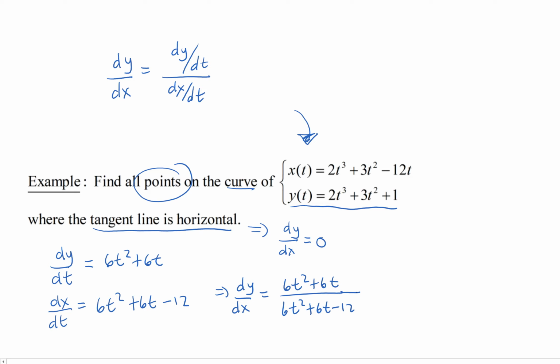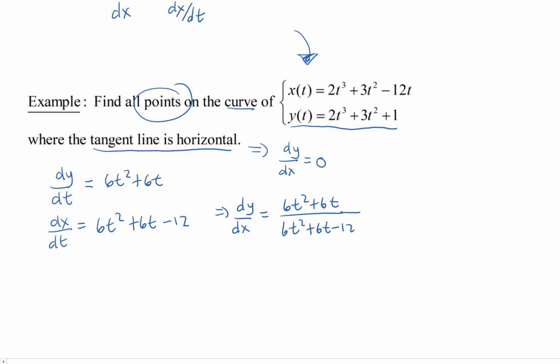And I think, okay, well, if my tangent line is going to be horizontal, then this slope, dy/dx, must be equal to 0. And that must mean my numerator must be 0, while simultaneously my denominator is non-zero. So let's just rewrite this, factoring out the numerator and denominator. What do we get?